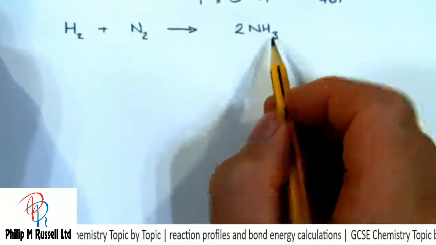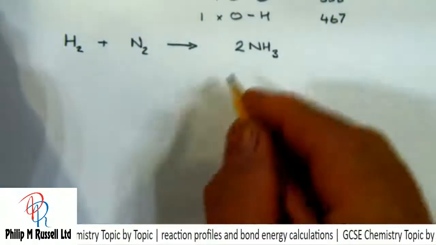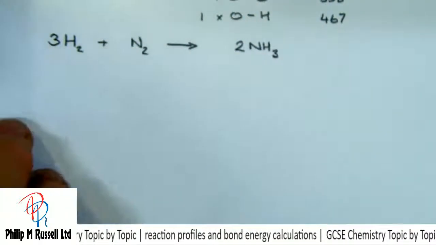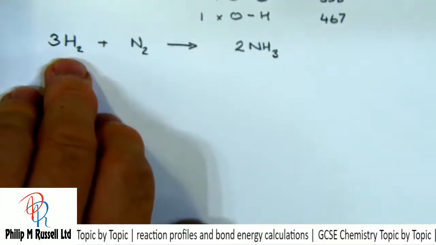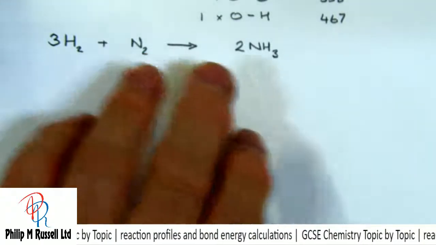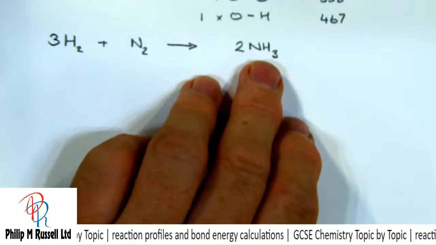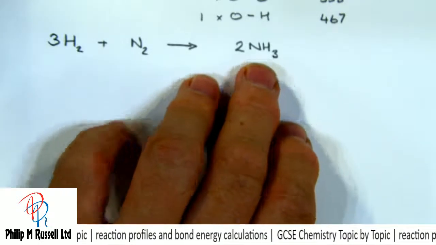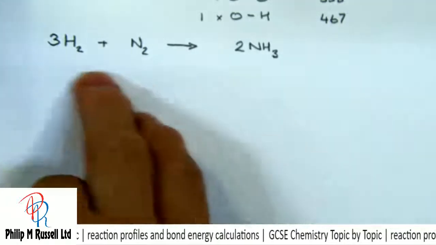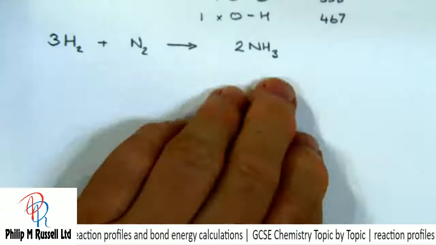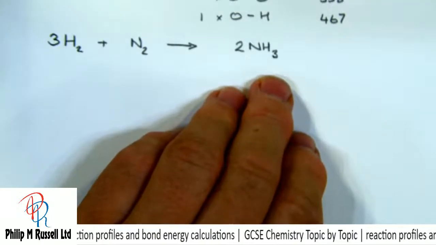And I know from doing this before that when I balance this I need 3 hydrogens, 1 nitrogen to form 2 molecules of ammonia. So what we've got to do is work out what bonds we've got on this side and what ones we've got on that side.